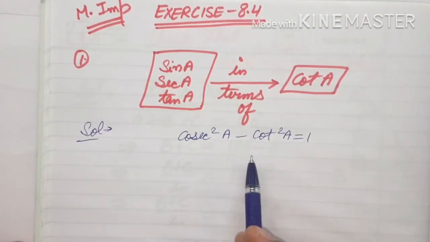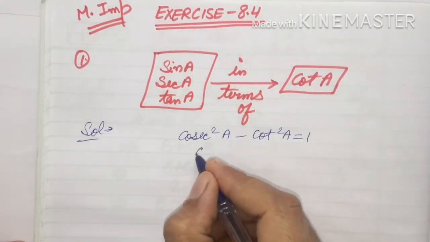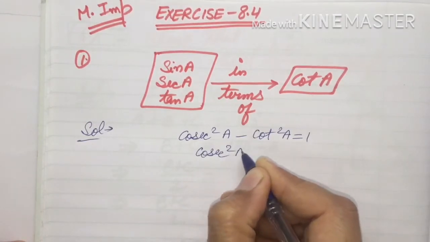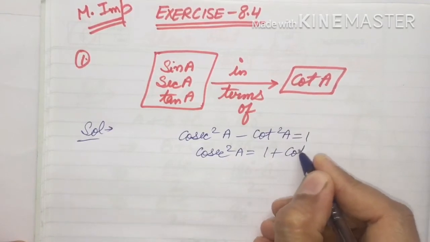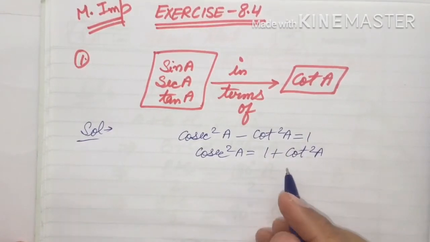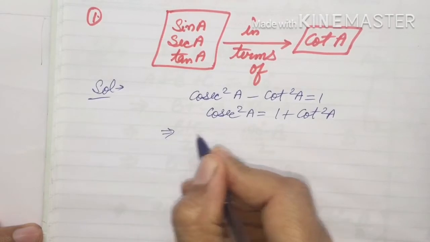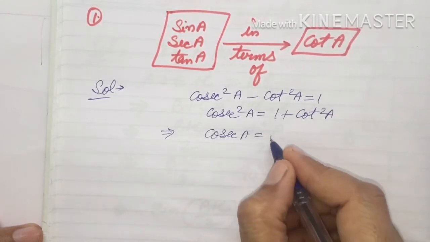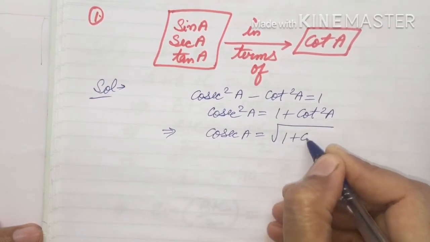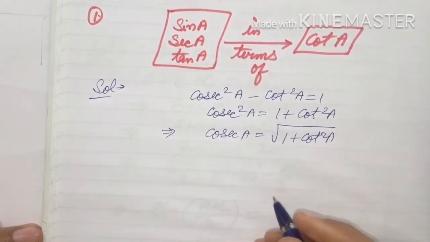From this identity, we can find the value of cosecant square A. The cot square A will go to the right side and it will be 1 plus cot square A. We can find the value of cosecant A. The square will go to the right side and become root of 1 plus cot square A.